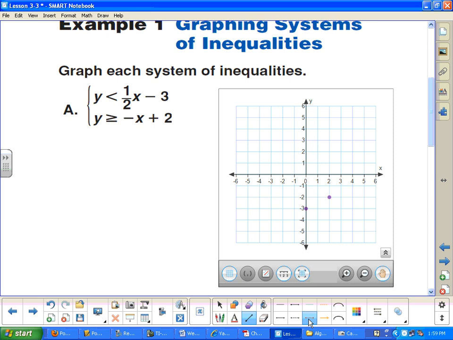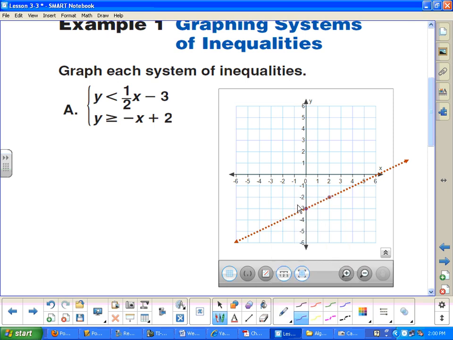All right. So there's that line right there. And then our other line, -x plus 2. So we mark those 2 points.